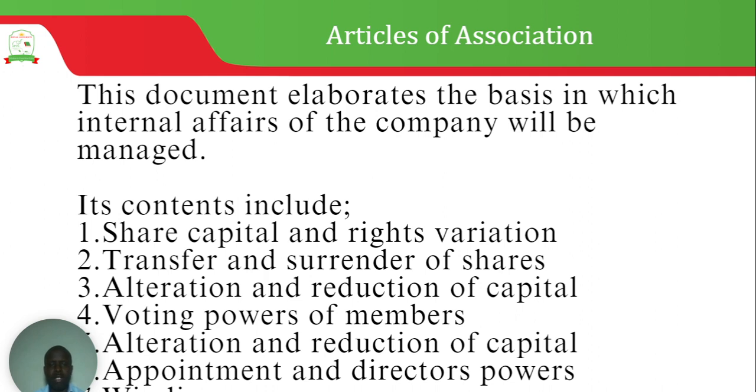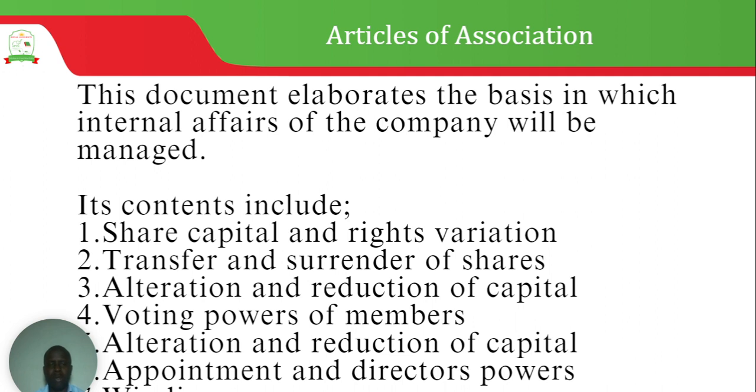Another content of the articles of association is the alteration and reduction of capital. Sometimes we need to alter our share capital. So what are those situations in which we can alter?